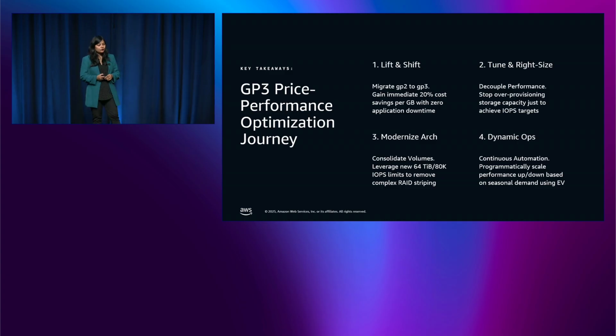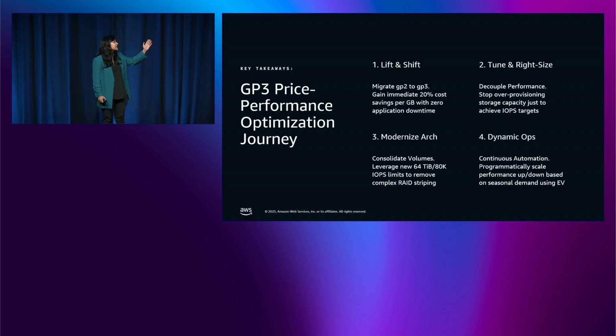All right, we have reached the end of our session. I'm just going to quickly summarize the last two topics that we talked about. gp3 gives you a pretty large range of size, IOPS, and throughput. With that, and Elastic Volumes, you can evolve your volume.